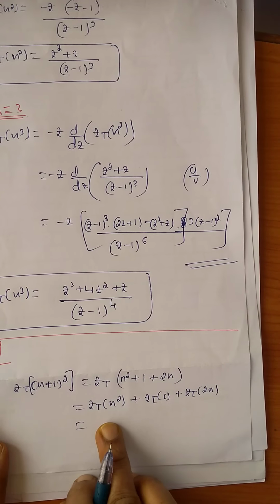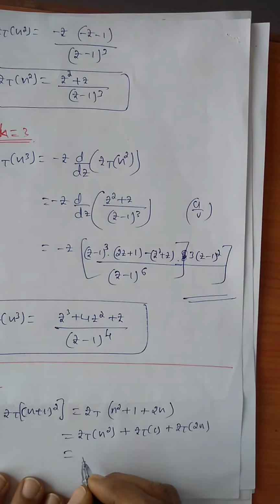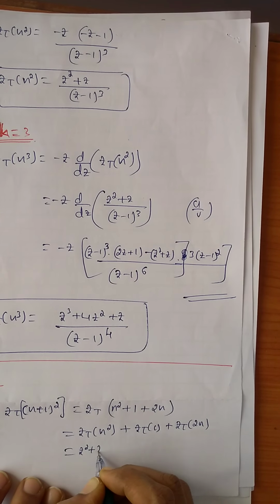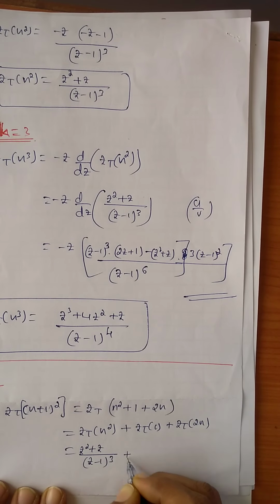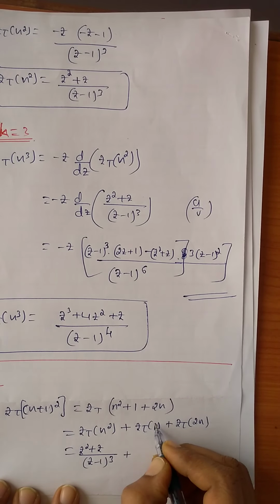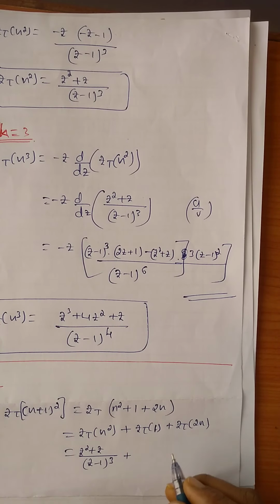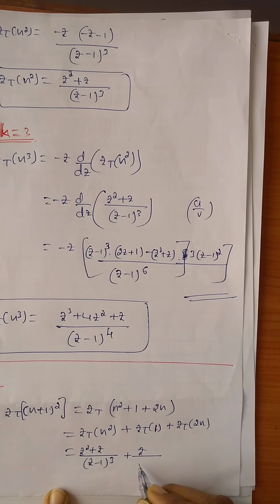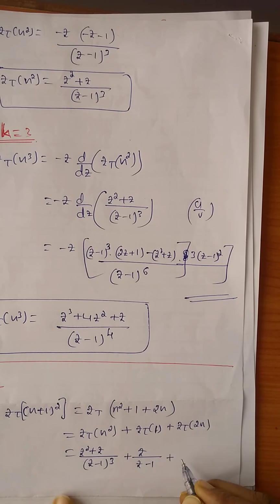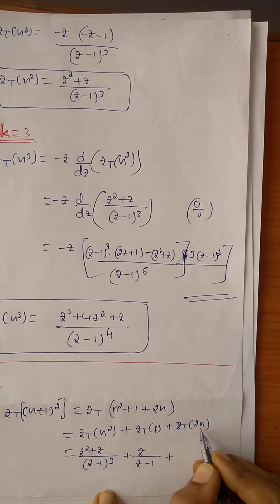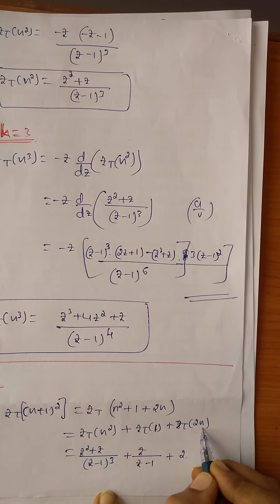So for the z transform of n square we got (z square plus z) by (z minus 1) whole cube, plus the z transform of 1 using the first formula, the z transform of k to the power of n, z by z minus 1. Plus the z transform of 2n. Here 2 is a constant, so just substitute the z transform of n.